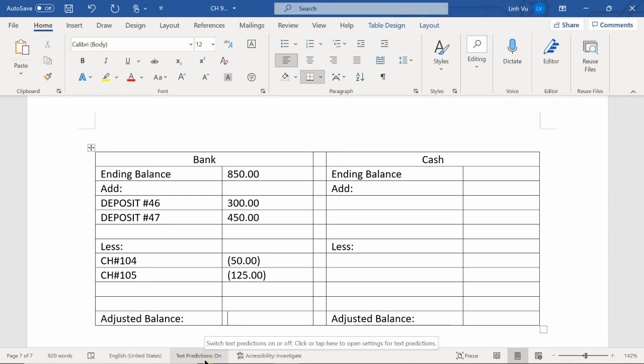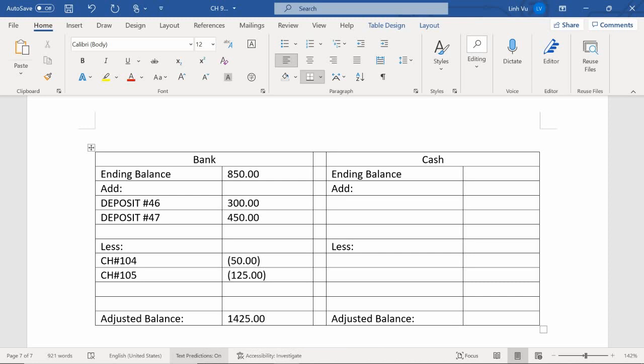Okay, so let's see. 850 plus 300 gives you 1150. Okay, plus 450 gives you 1600. 1600 minus 175 gives you 1425. Okay. So that's just that on one side.